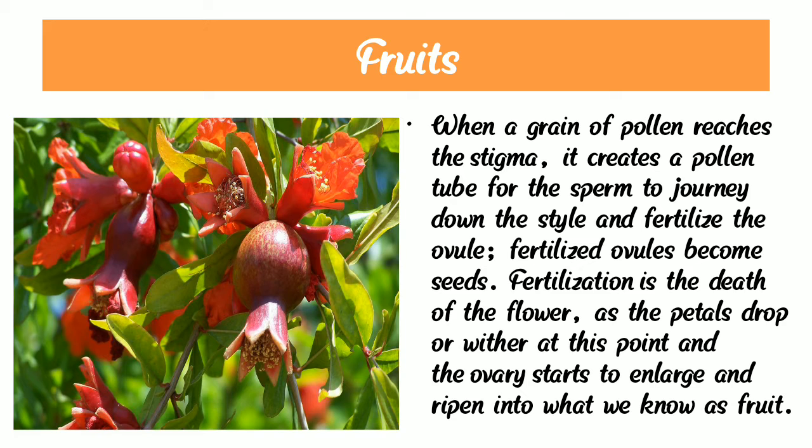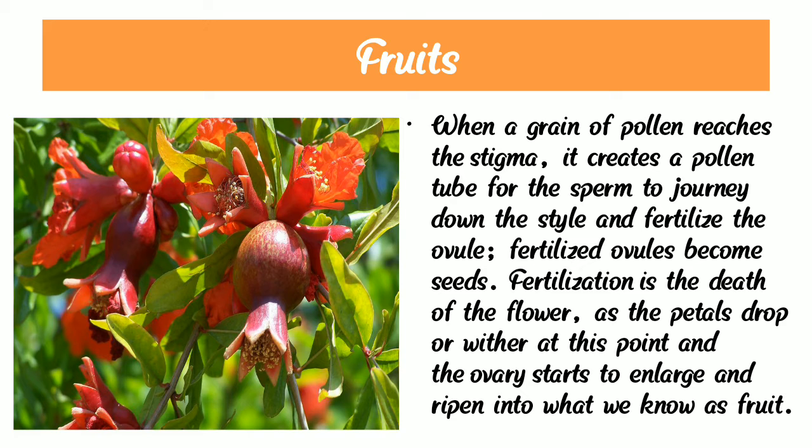The fertilized ovule becomes a seed, and fertilization is the death of the flower. As the petals drop off and wither, the ovary starts to enlarge and ripen into what we know as a fruit.